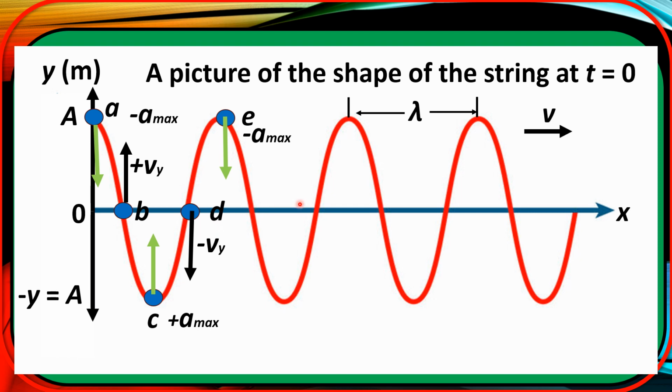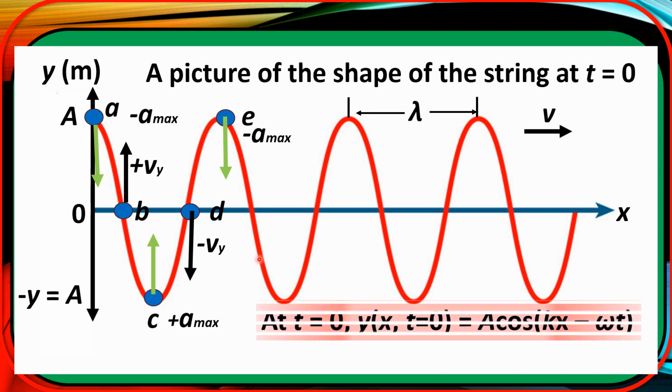Now, the wave equation for displacement y as a function of time is equal to the amplitude capital A times the cosine of the phase angle quantity kx minus omega t.